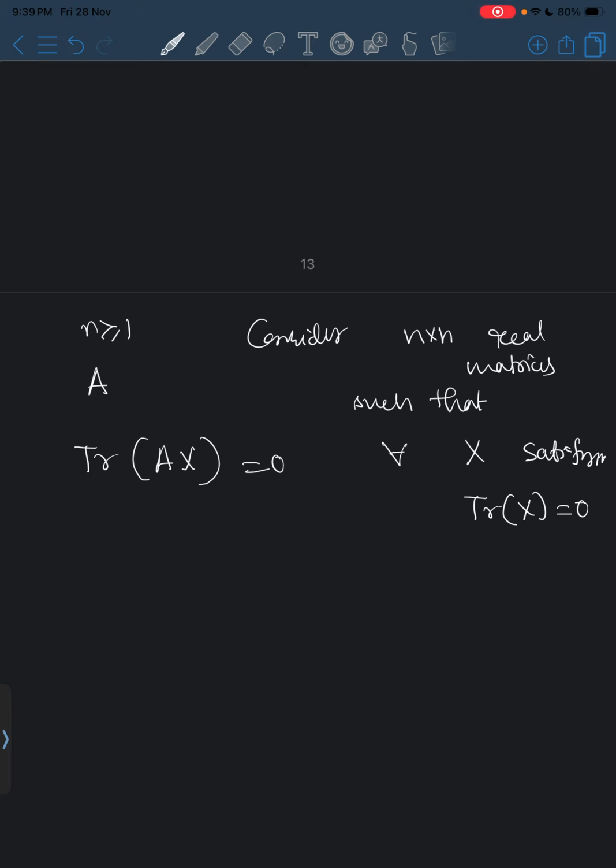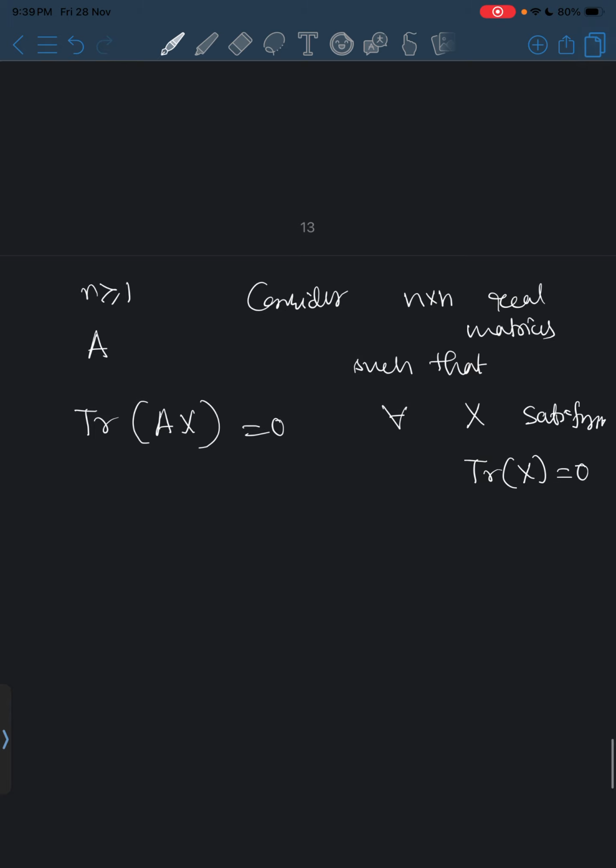I have already told you, in the last previous year question, I have already done a problem on the Frobenius inner product. On M_n(R), and in particular on M_n(C), you can define an inner product, which is the Frobenius inner product. What is this inner product? The inner product of A and B is trace of B transpose A on M_n(R), and on M_n(C) it is B star A, conjugate transpose.